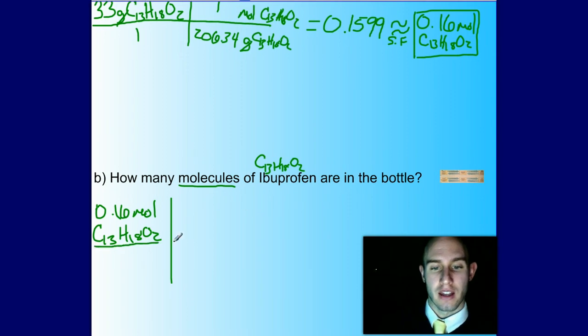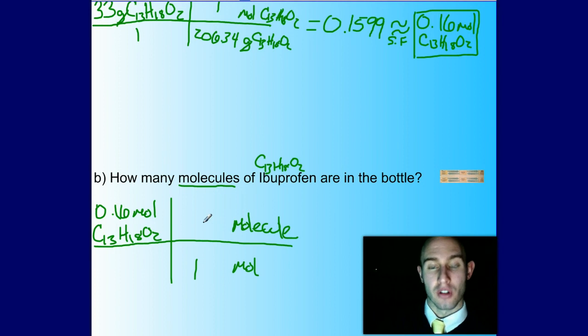So let's go ahead and set up my conversions. I have mole here, mole better go down here, and I'm going up to molecules. So in 1 mole, how many molecules are there? I know that in 1 mole there are 6.02 times 10 to the 23rd molecules. Moles cancel, and I can multiply across.